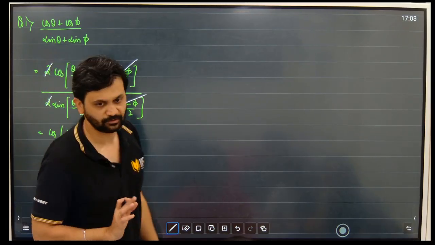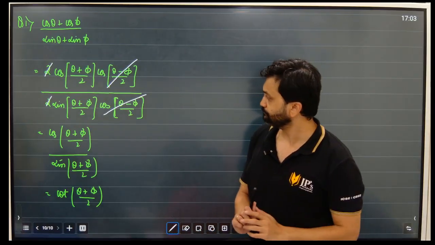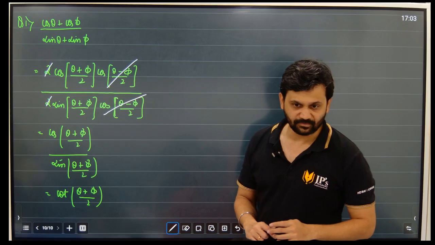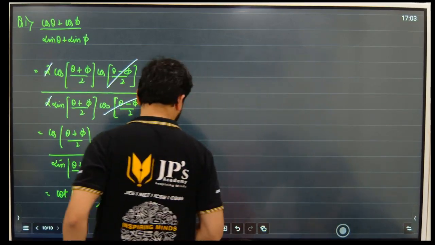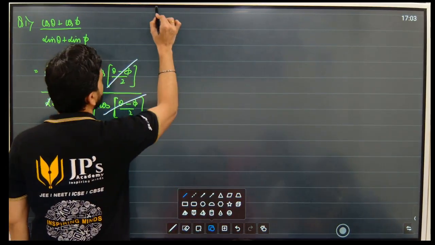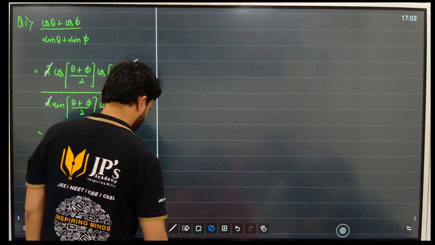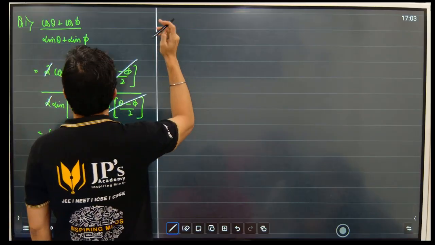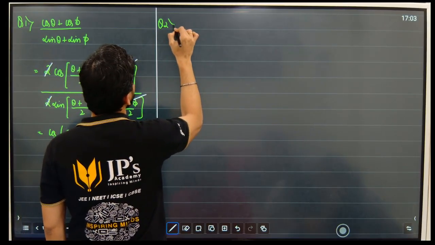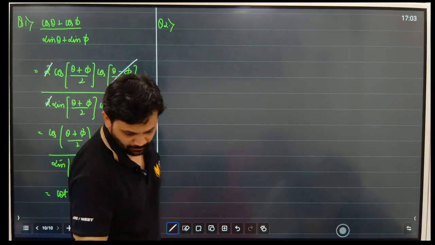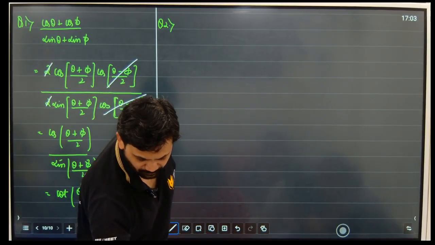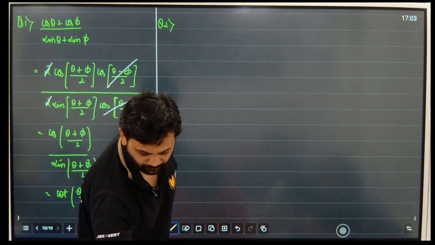How many of you have not understood this? Whatever is the common part gets eliminated and I have substituted the formula. So the answer is in the textbook. Now, if you see question number 2, cot θ is a typo, it's cot of (θ+φ)/2.